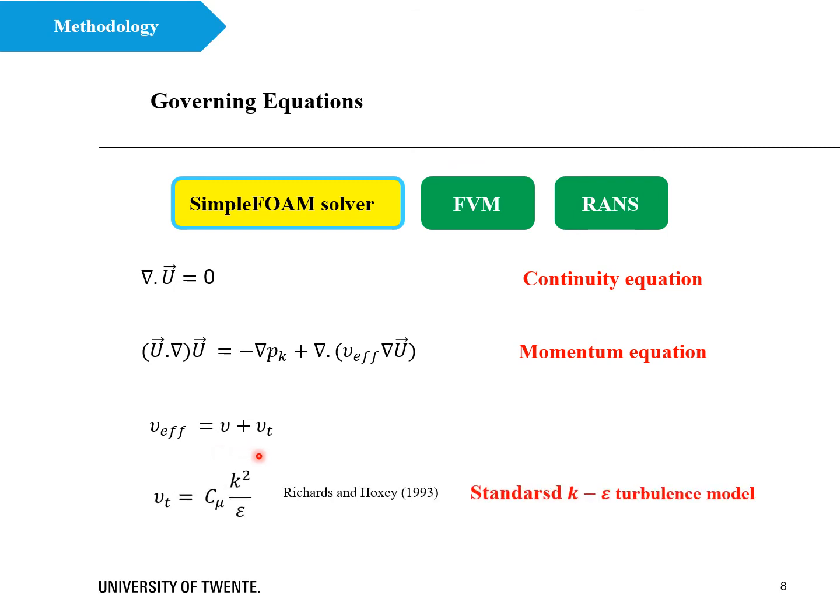This turbulent kinematic viscosity is calculated by the turbulence kinetic energy k and its rate of dissipation epsilon, which is suggested by Richards and Hoxey. In this equation, C_mu is a dimensionless constant and k and epsilon are computed from their transport equations using a standard k-epsilon turbulence closure model.